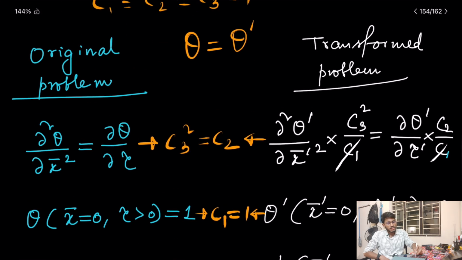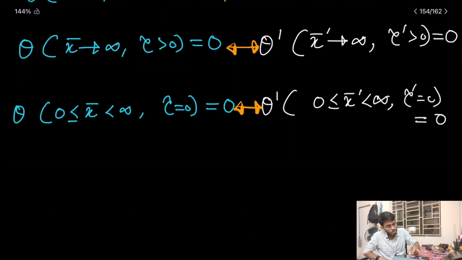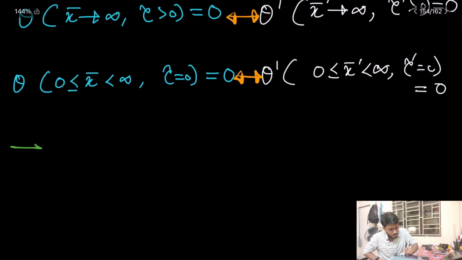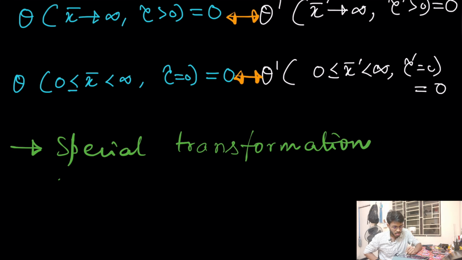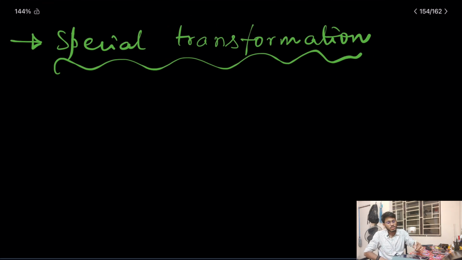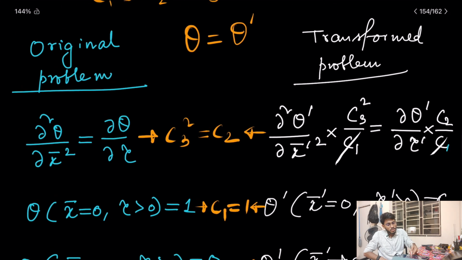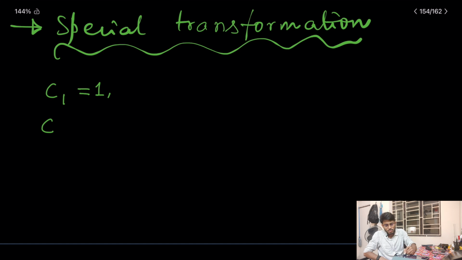Now I will explore a special transformation. And what is special about this transformation? Here I will have C1 equal to 1. So I have to satisfy C3 square equal to C2.